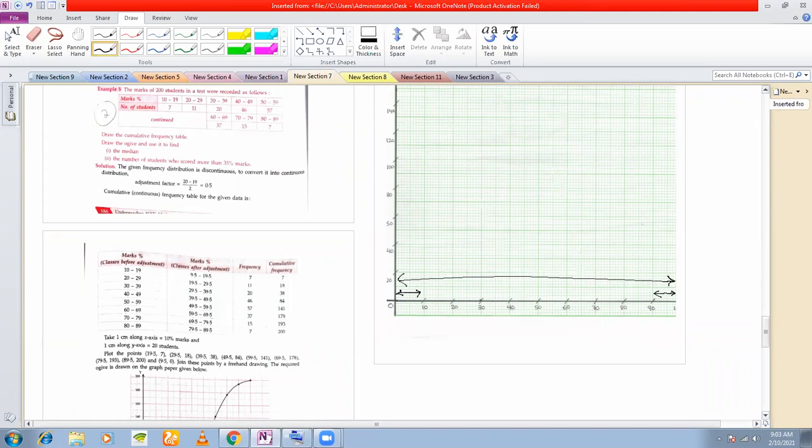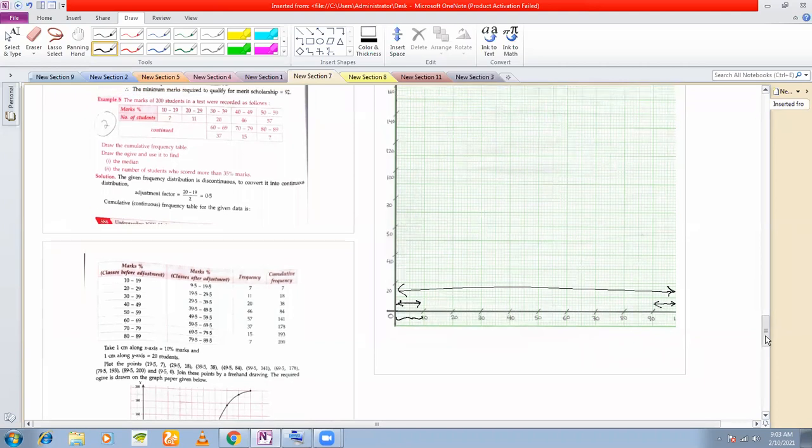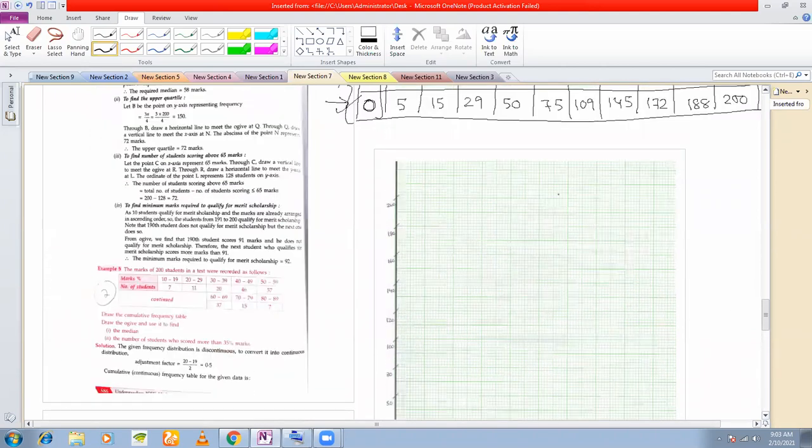So you need to judge your scale, take as big a scale as you can. And you can take different scales in the x-axis and the y-axis. What I have done here is, I have taken 10 divisions as 10 units. That means along the x-axis, one division is equal to 1 unit.